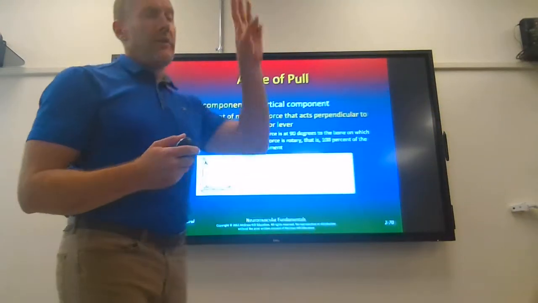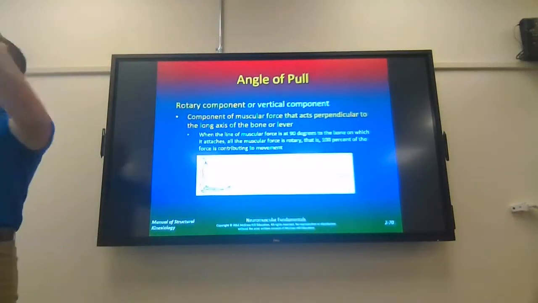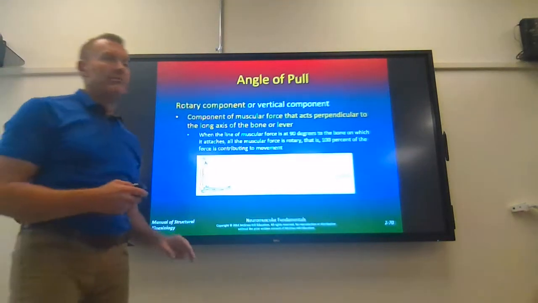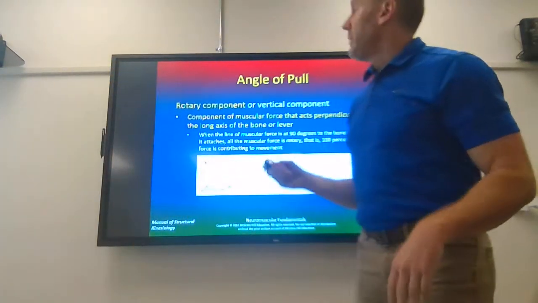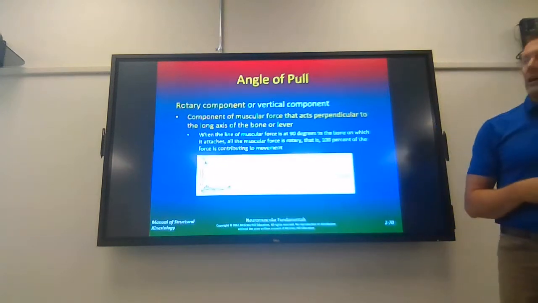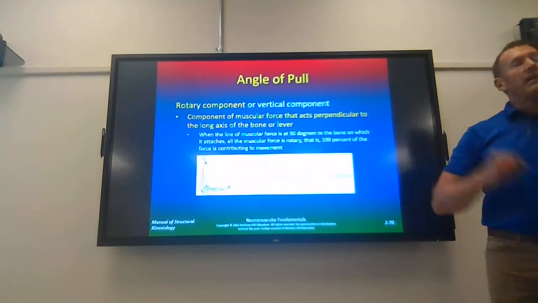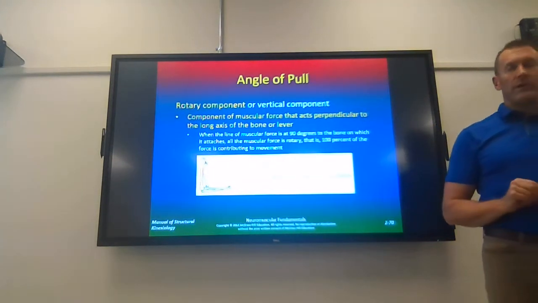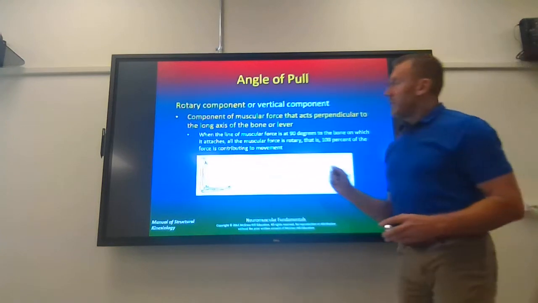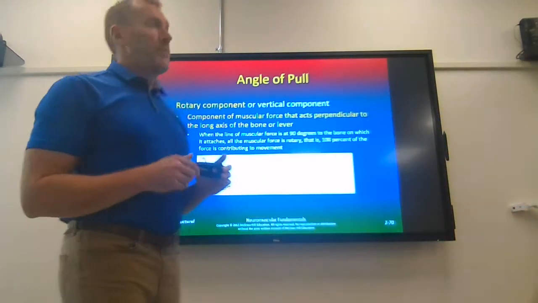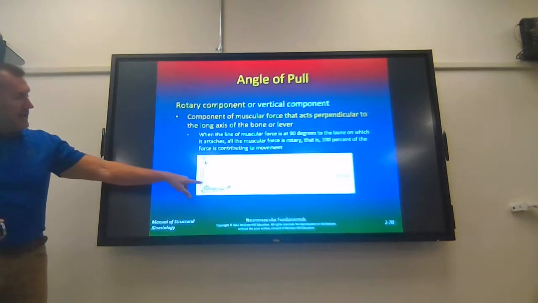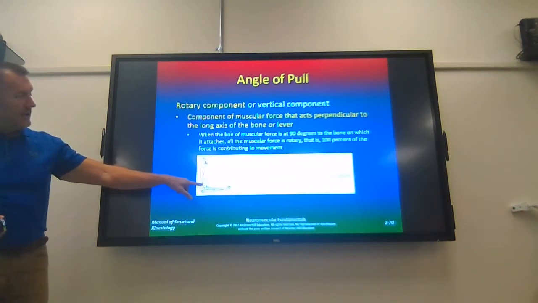So we have three different parts. And actually this is biomechanics, so you've heard this before, but we get a little bit of a taste of this in kinesiology. So rotary component is the first component. The angle of pull represents the angle on the inside of a tendon, close to the bone.